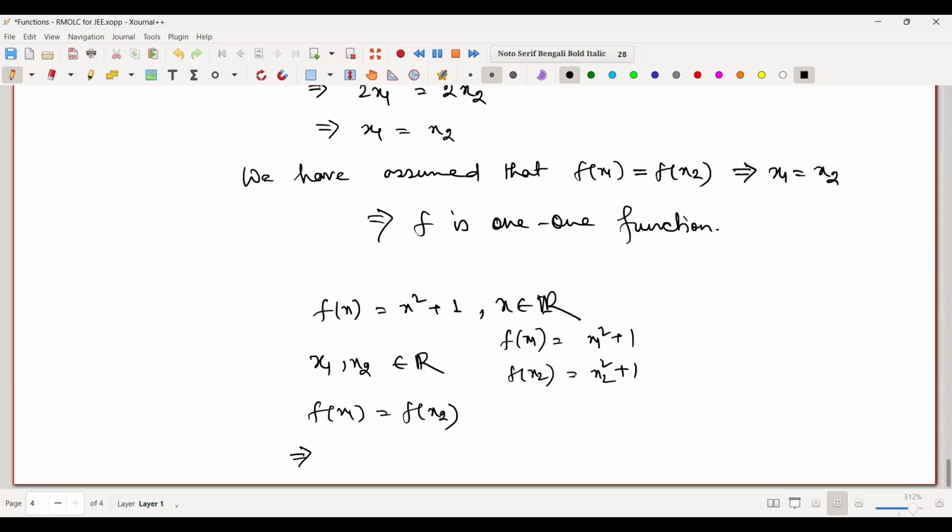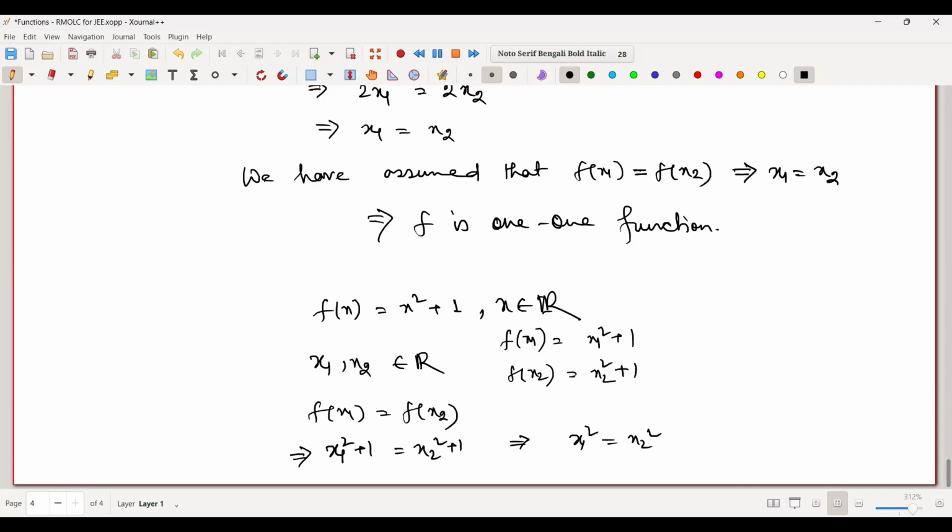I think this is clear to you. So that means x1 whole square plus 1 equal to x2 whole square plus 1. This implies that x1 whole square equal to x2 whole square.